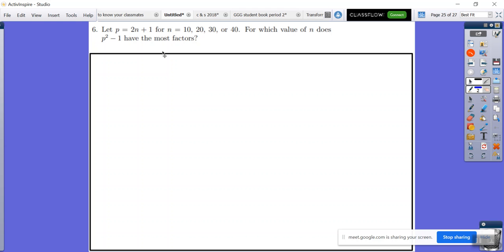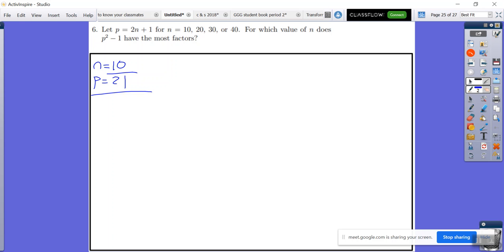Okay, so Caroline, could you say it again? So when you plugged in 10 for n, 2 times 10 is 20. Okay, so 20 plus 1 is 21. So then when n equals 10, p is equal to 21, and then when you plug in 21, what do you get? 21 squared.